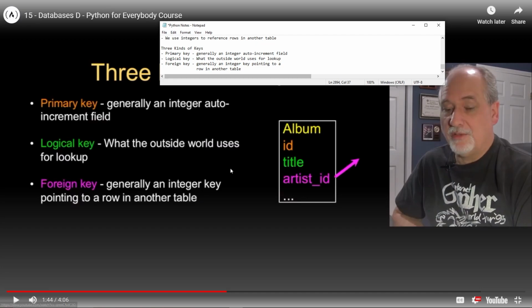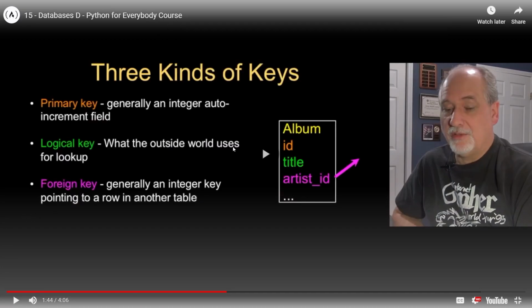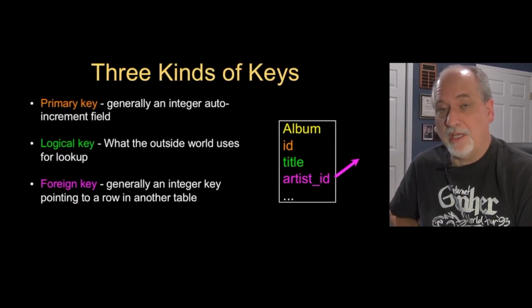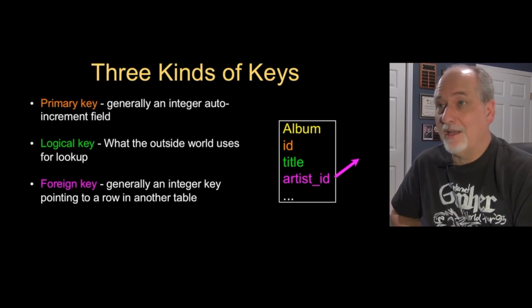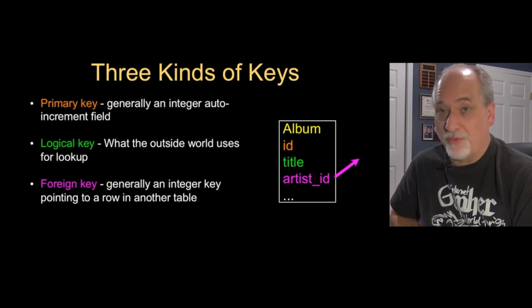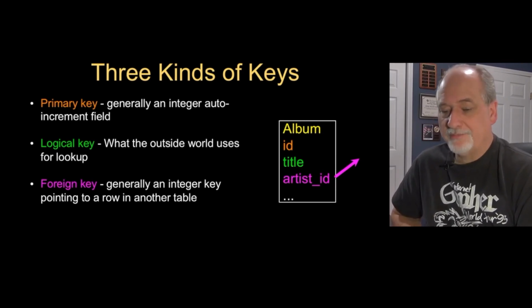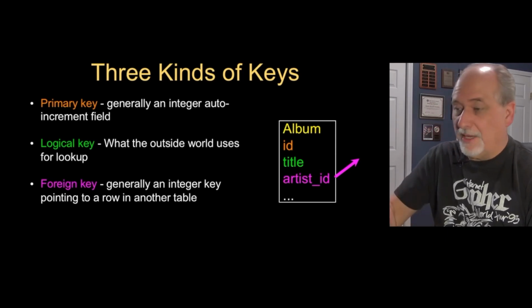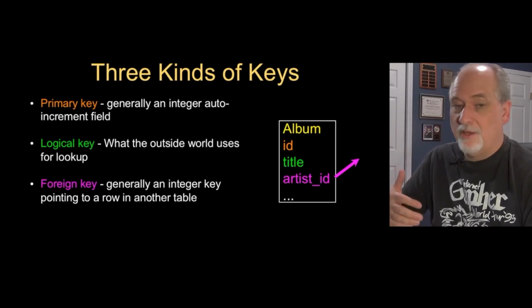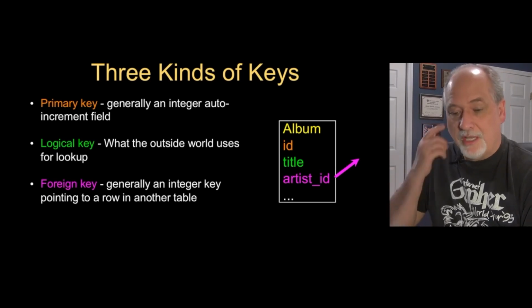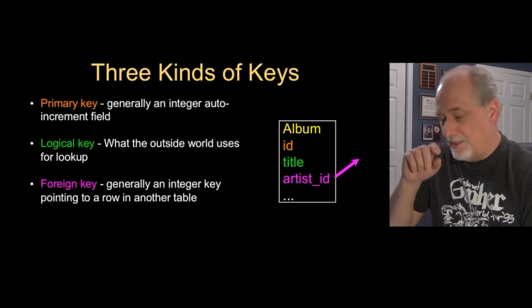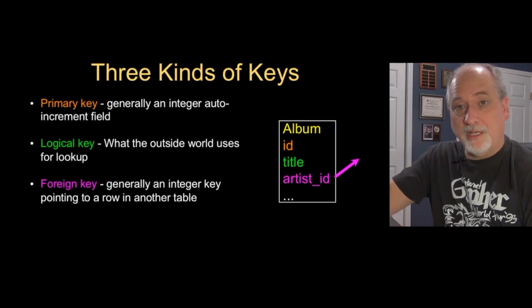Okay. Let's go. The primary key is that little ID column that is just a number. Once we give Led Zeppelin the number 1, Led Zeppelin has got the key 1 for the rest of that database. The logical key is the text that you might look up, so the title of the band or the title of the album. And then the foreign key is one of these keys that is really pointing to the primary key of another row.